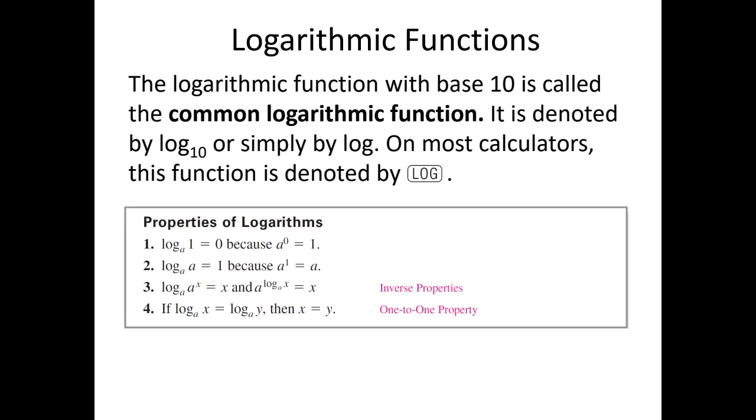You all like to say that they cancel, but they just give us back the input, just the input x. And then the last one is the one-to-one property, just like what we saw for exponentials. For two logs to be equal to each other, they have to have the same base and they have to have the same input. So let's go ahead and do some of these.